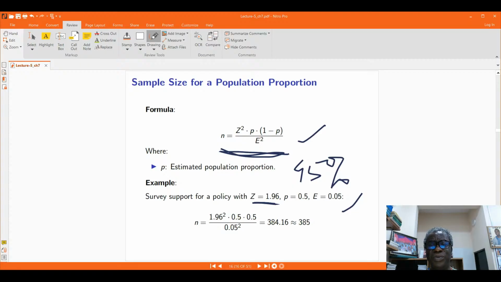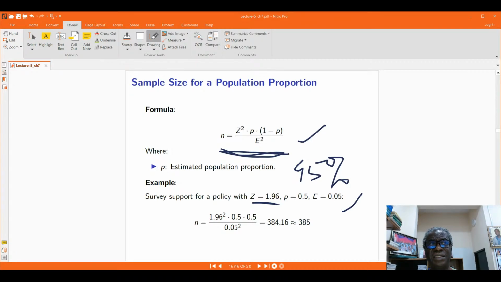So that will help you to get an estimate of the voter support, the proportion of the voters that support the policy, and that proportion will be reliable because you have taken the appropriate sample size.